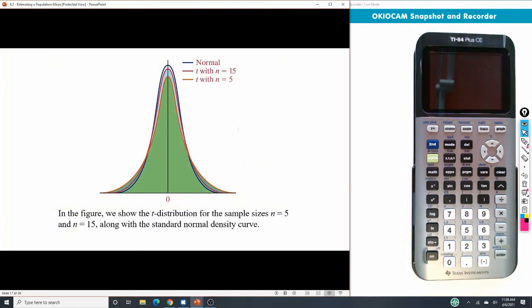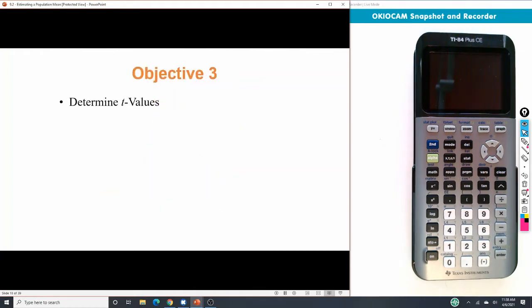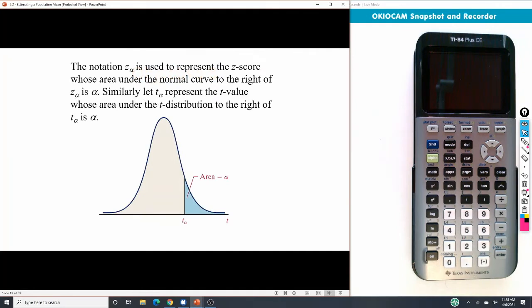So again, here we're looking at normal. As we increase n, the orange line and the red line, compared to the purple, get closer and closer to normal. All right, so how to determine some t values.